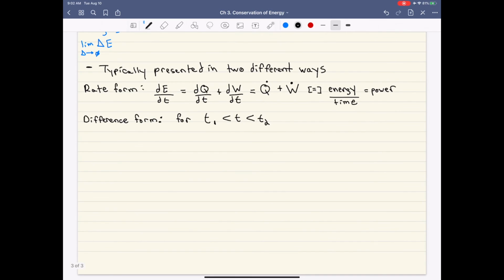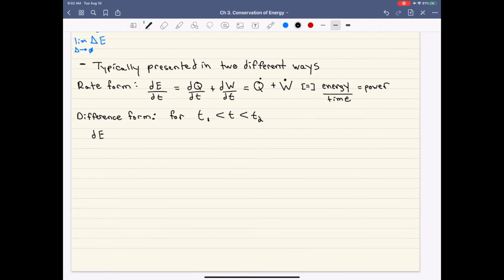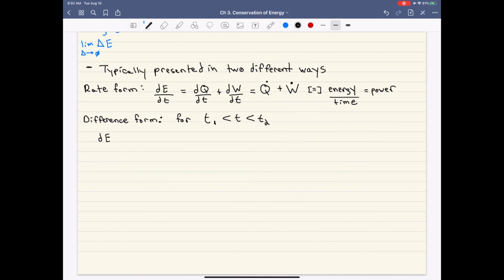All right? And so here, for the difference form, we're going to take our differential in energy and integrate it from the energy at that initial time point to the energy at that later time point, t2.